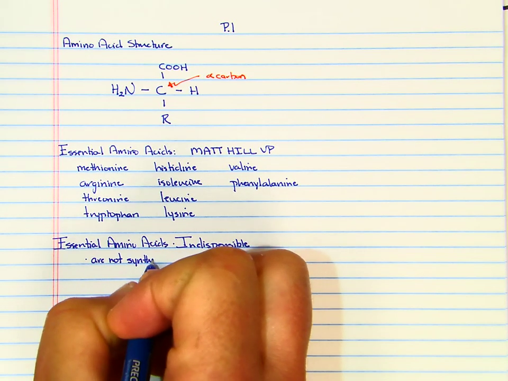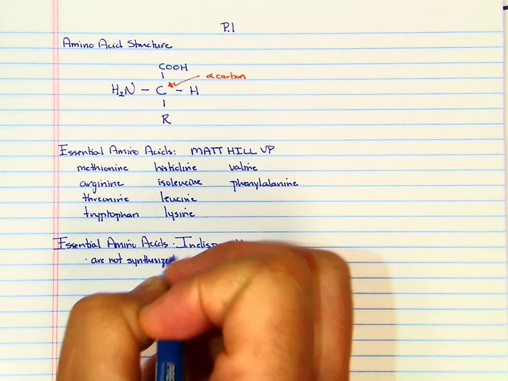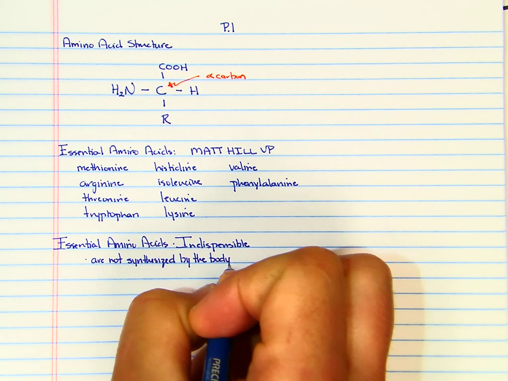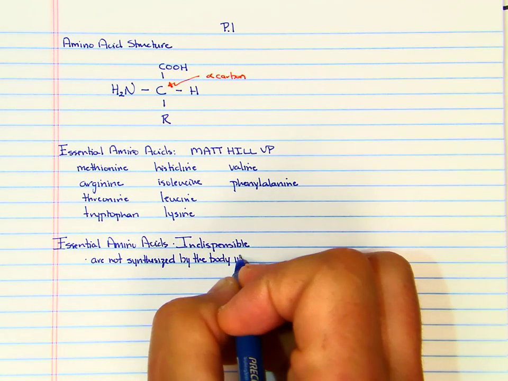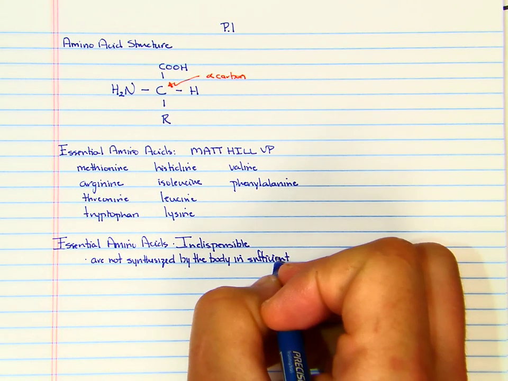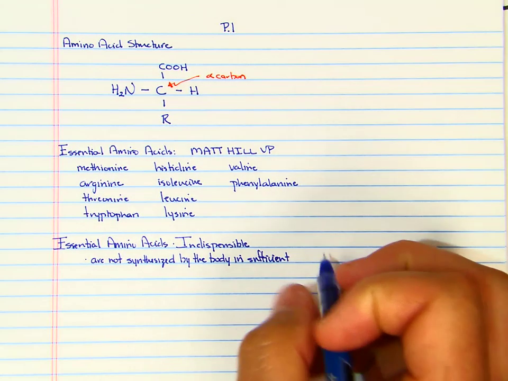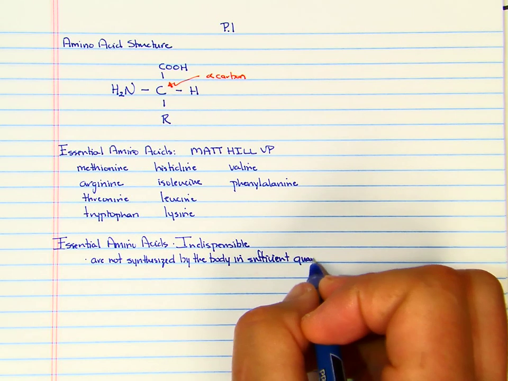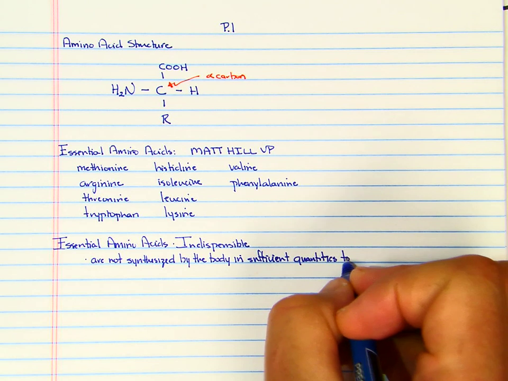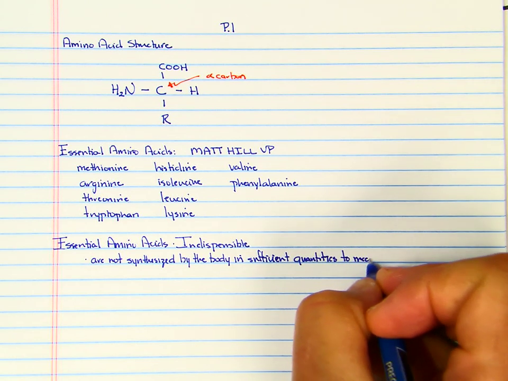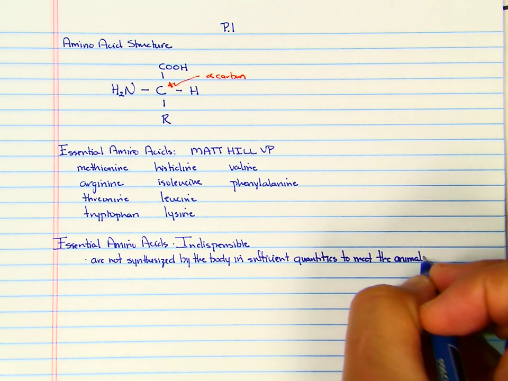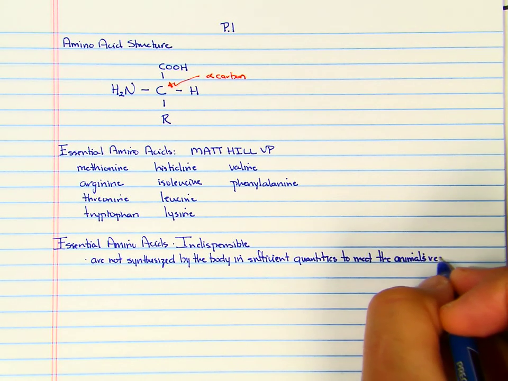The essential amino acids are basically not synthesized by the body in sufficient quantities to meet the animal's requirements.